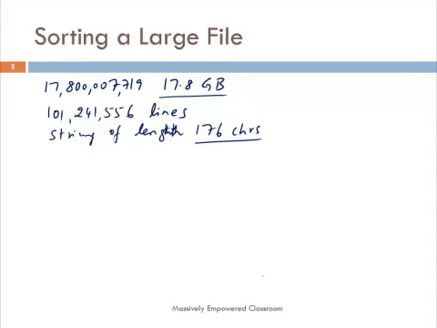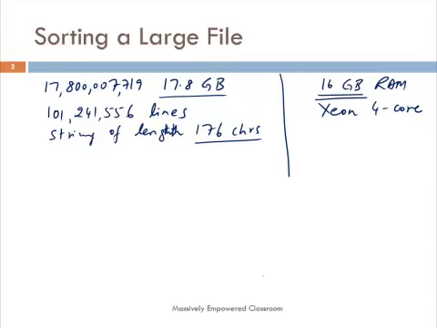So how do we do this? In terms of the hardware, we have a machine with 16 GB RAM and a Xeon 4-core processor. So a pretty good quality machine, but it had only 16 GB RAM, which is less than the size of the data that we are trying to sort.